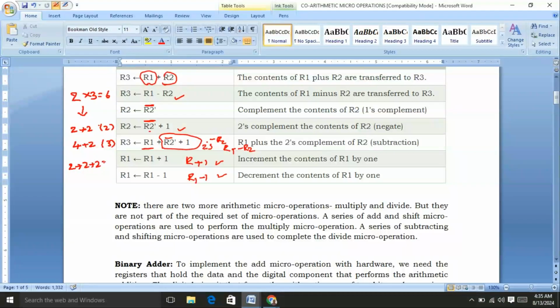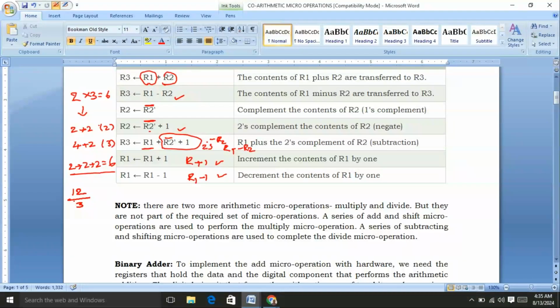So addition is a micro operation, but multiplication is not. Similarly for division, for example 12 divided by 3: 12 minus 3 equals 9 the first time, 9 minus 3 equals 6 the second time, 6 minus 3 equals 3 the third time, and 3 minus 3 equals 0 the fourth time.